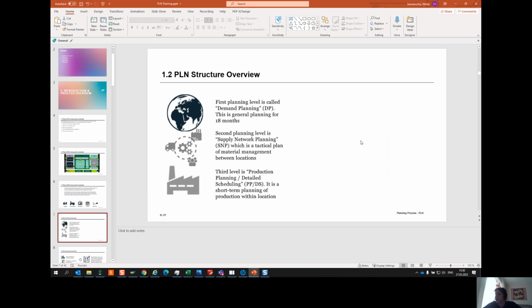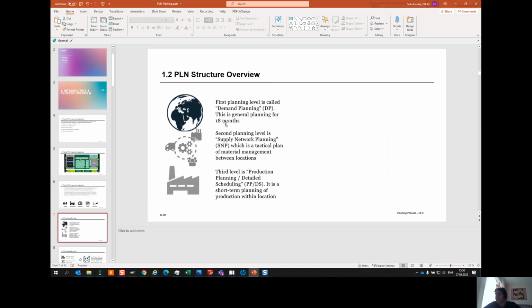Then moving to the structure of the PLN process itself. I guess now we understand where the planning process stands in the hierarchy, and also why we need it. So let's move to the brief structure of the planning process, and it can be divided into 3 main groups or planning levels. The first planning level is called demand planning.